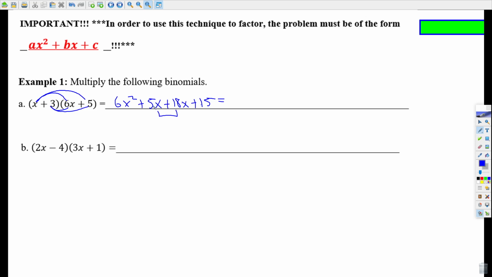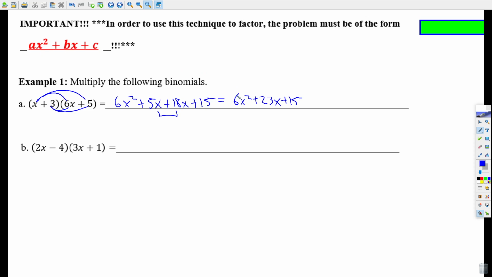In this case, it's the same thing. We add these together and get 6x squared, and 5 plus 18 would be 23x plus 15. So here we have the ax squared plus bx plus c form.